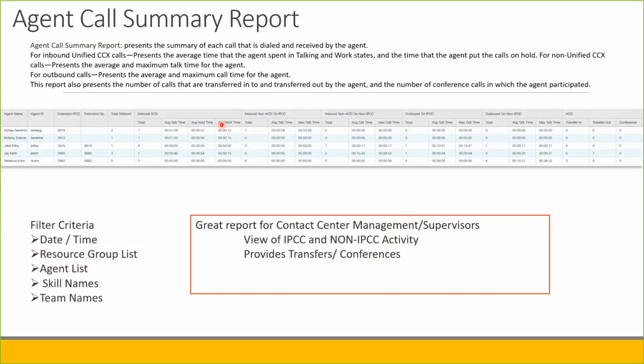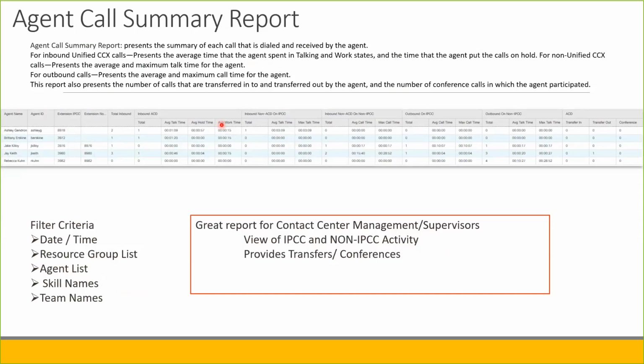And I think that's why this is an underutilized report. But really what this report does, its function is to show and present a summary of each call that's dialed and received by an agent. When I say each call dialed and received, what that translates to is not only at the ACD level, but the non-ACD level, and not only on the IPCC level, but the non-IPCC level.